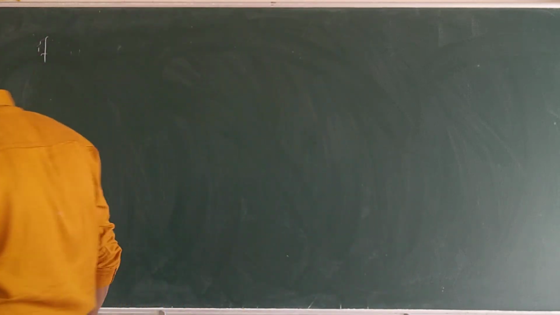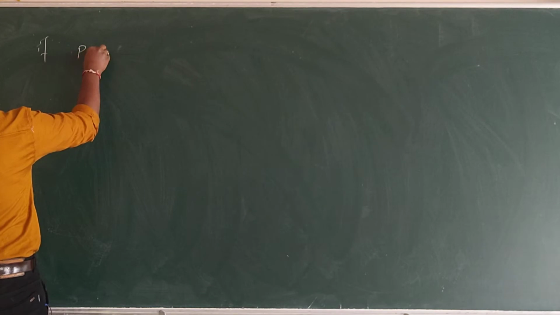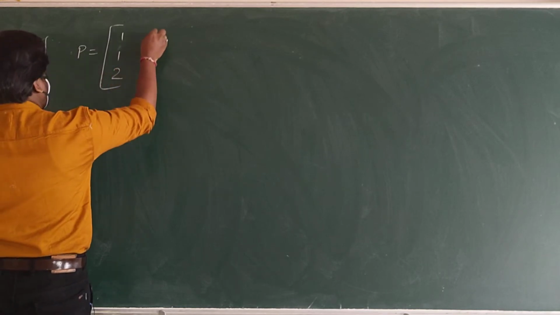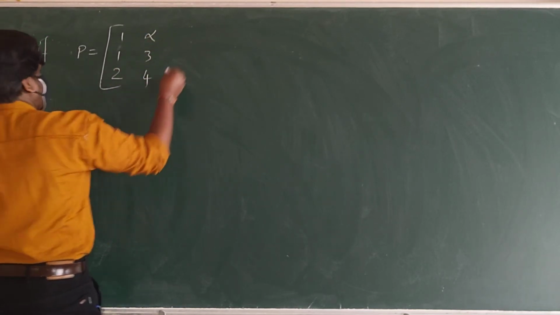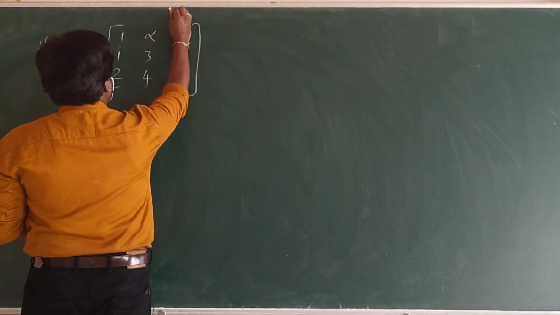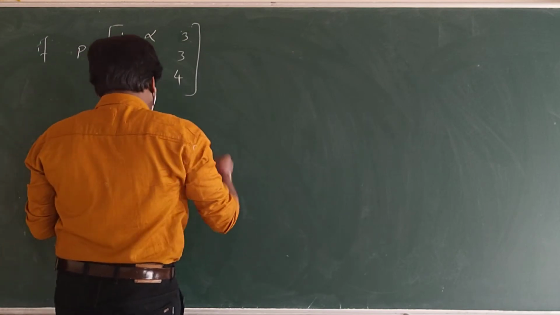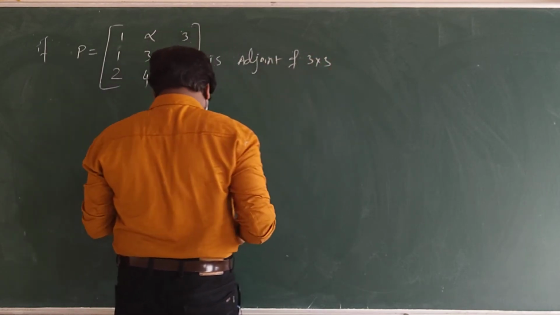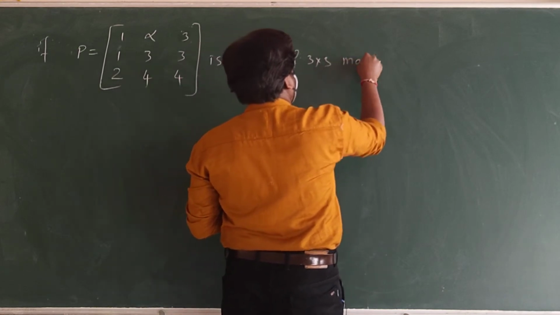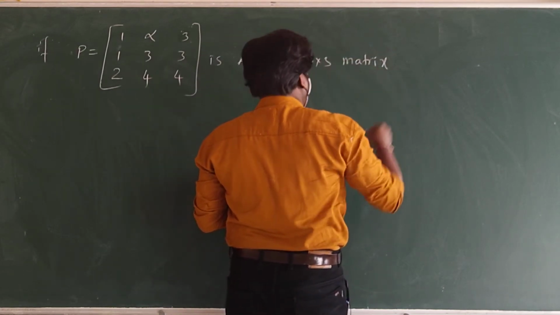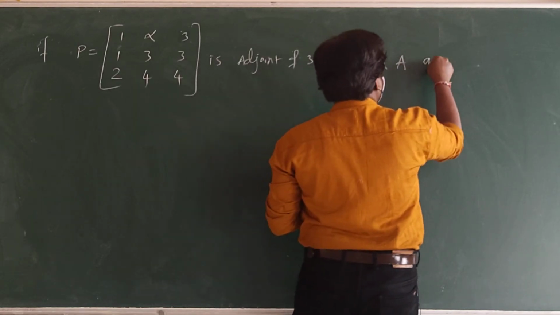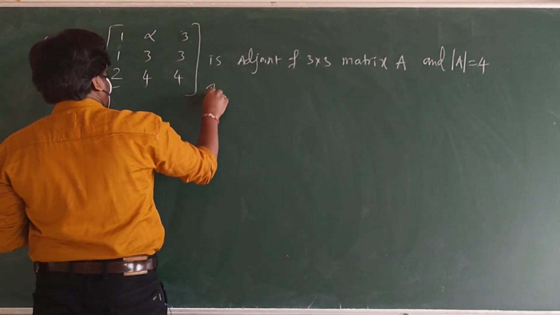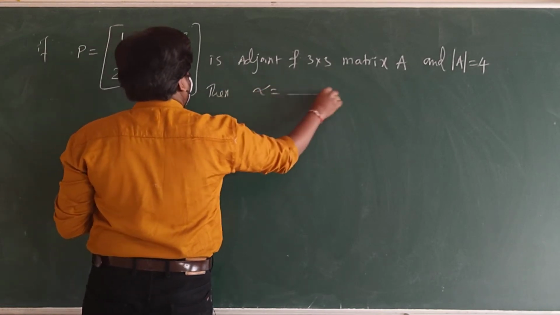This is a JEE question. If P is equal to the matrix [1, 1, 2; alpha, 3, 4; 3, 3, 4] is the adjoint of a 3 by 3 matrix A, and the determinant of A is equal to 4, then alpha is equal to dash.